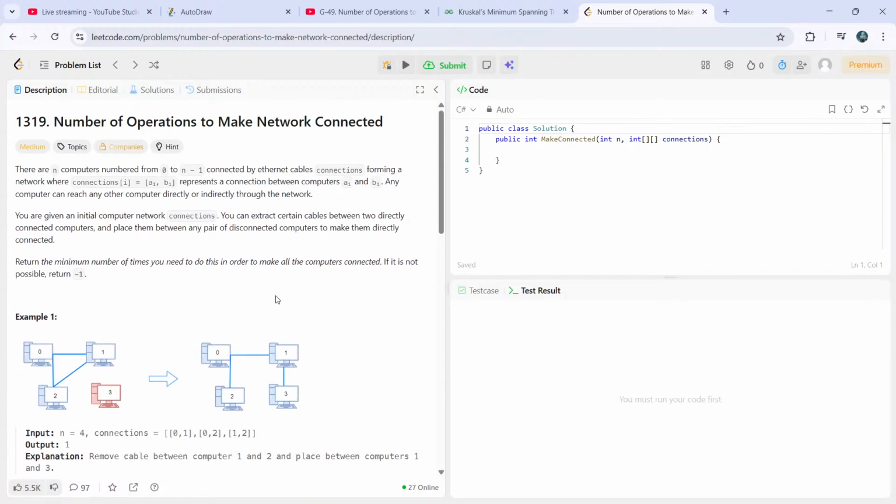Okay, we'll solve this: number of operations to make network connected. This seems to be a fairly easy problem as we have already understood Kruskal's and the DSU algorithms. So this will be a fairly easy problem to solve.